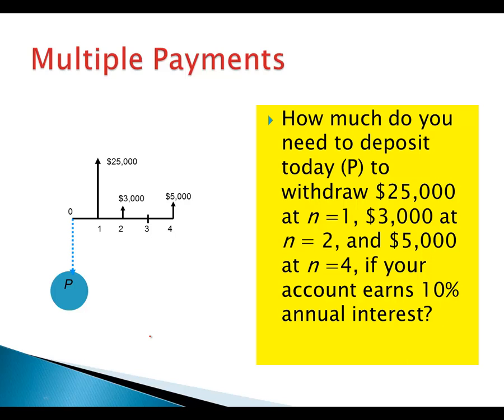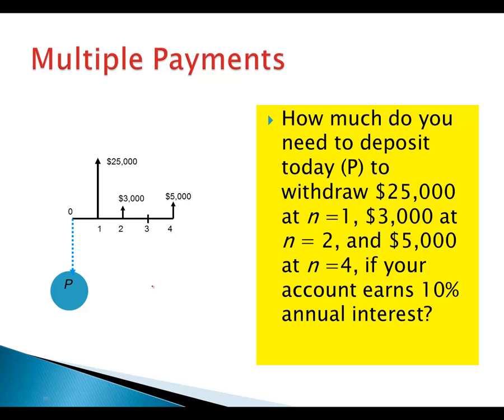In some cases, we have multiple payments. So you deposit today a certain amount, and then you would like to make multiple payments. Or if you deposited an amount today, you would like to withdraw it over 3 different payments. How would that work?